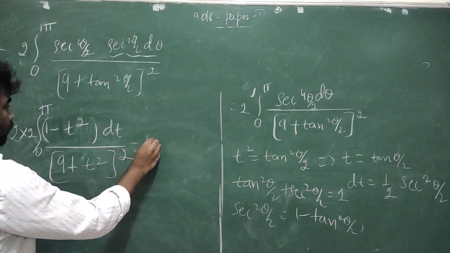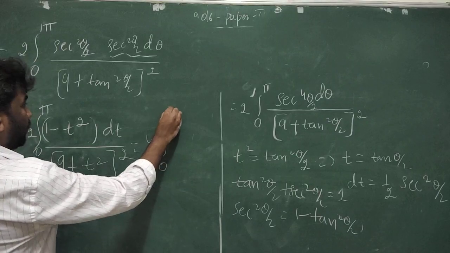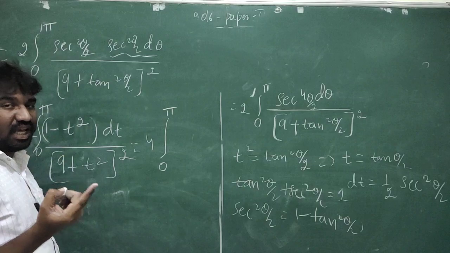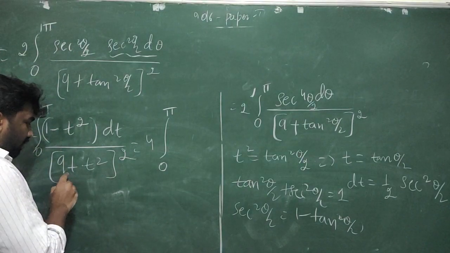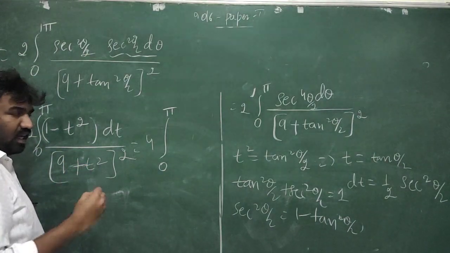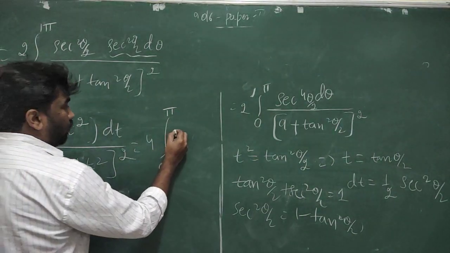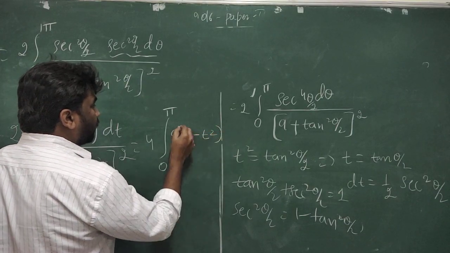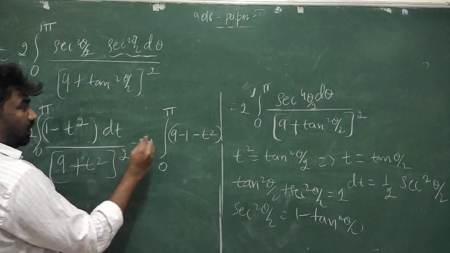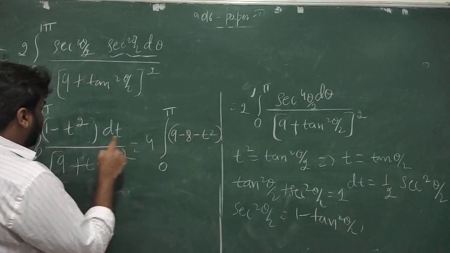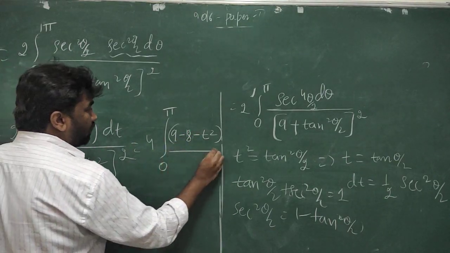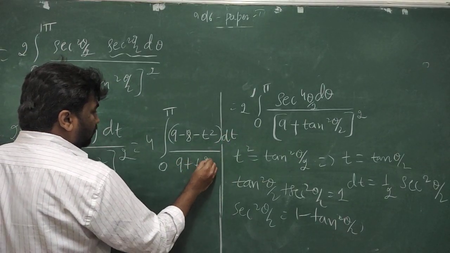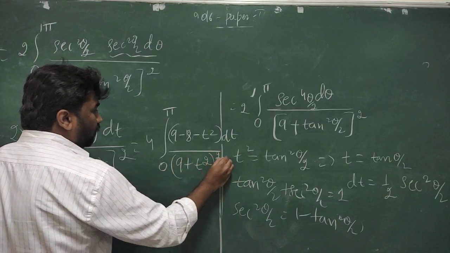which is equal to 4 into integral 0 to pi. See, 1 can be written as 9 minus 8, because in the denominator we have 9, so that's why I am going to write like that for simplification. So 9 minus 8 is equal to 1 minus t square into dt divided by 9 plus t square whole square.